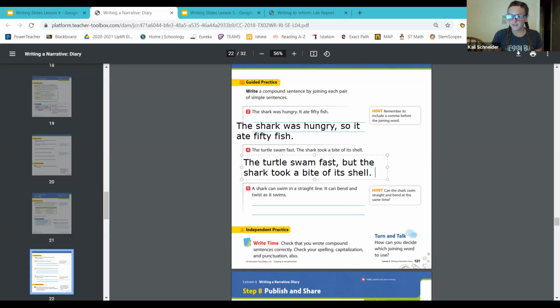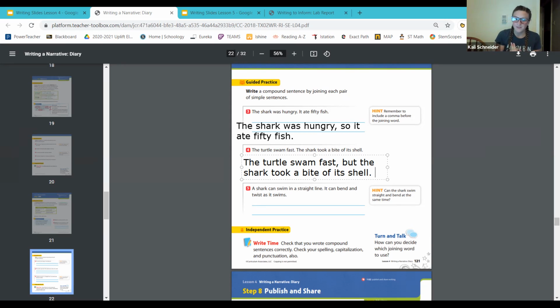A shark can swim in a straight line. It can bend and twist as it swims. The hint says, can the shark swim straight and bend at the same time? Doesn't sound like it can, right? It's one or the other. It's either going to be swimming straight or it's going to be bending. So it's one or the other, and or is one of our words. It's going to make it into a compound sentence.